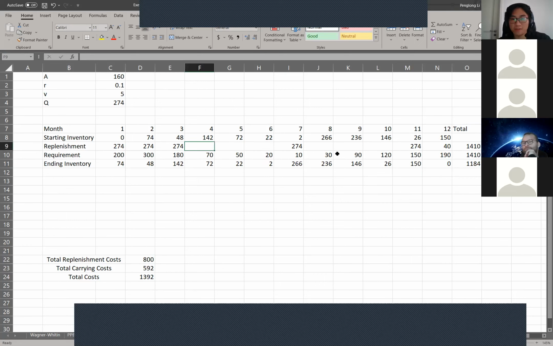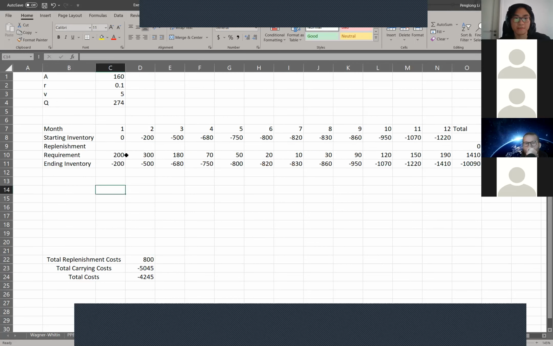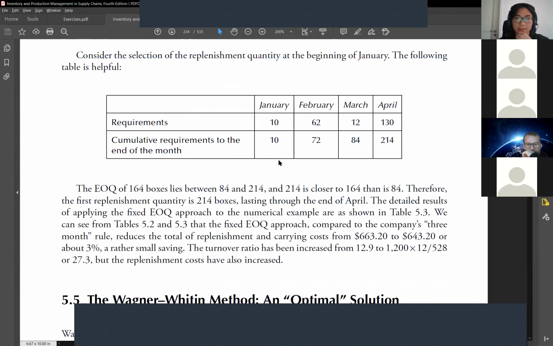It's up to you which one you want to use, but I recommend you use the one from the book, which is calculating the cumulative demand from that point and find the nearest point to this number. Which is suggested here.